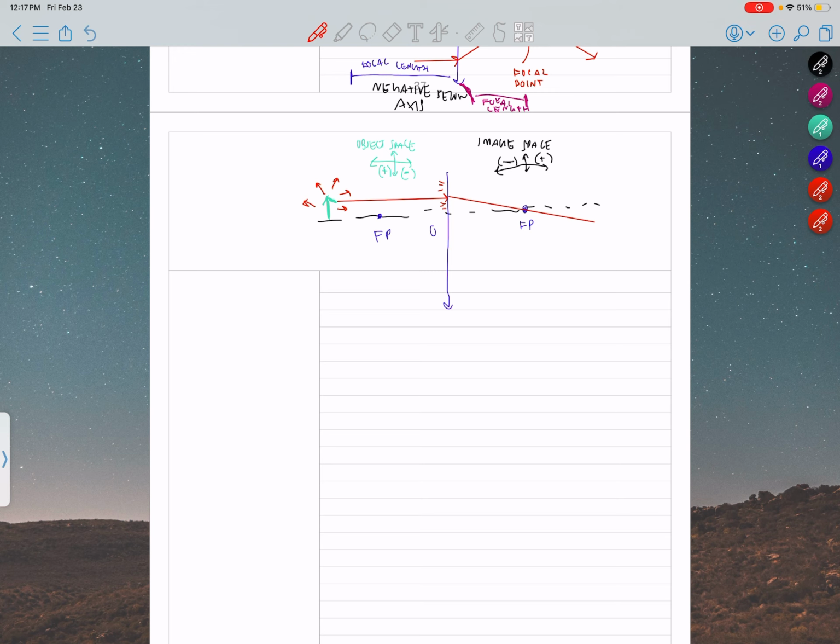Okay? My second principal ray is going to start again from the same point, and now it's going to go through the origin of my system. So it's going to go through the intersection of the lens and the optical axis.